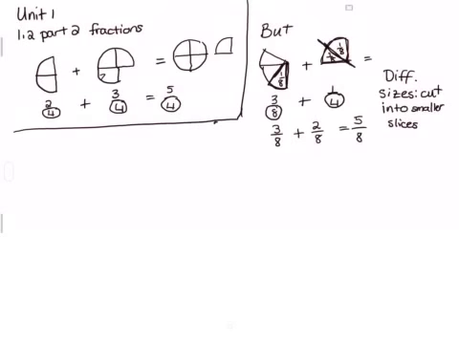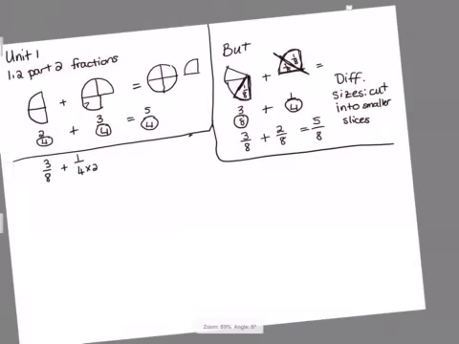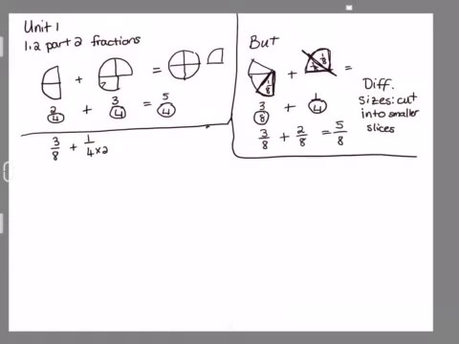Right, so let's just look if we did it without the picture. If we had 3/8 plus 1/4. Remember, the denominator tells me the size of the slices, so that's the one that's got to be the same. So I notice that if I multiply 4 by 2, I will also get an 8. But then I must multiply the top one, the 1, by 2 as well.